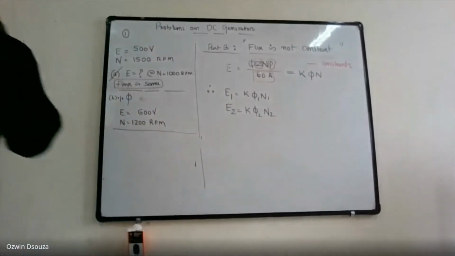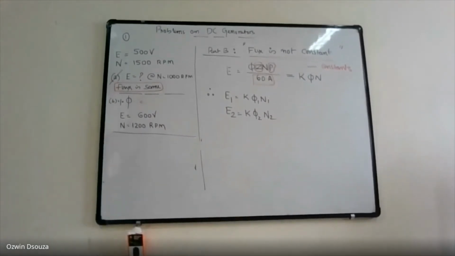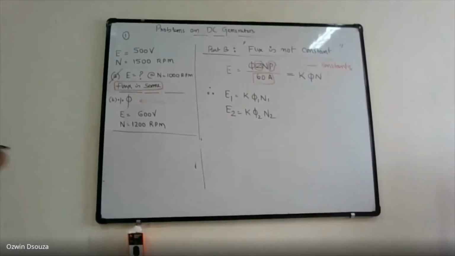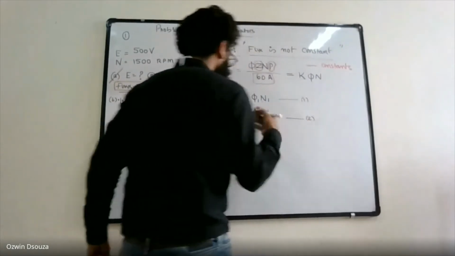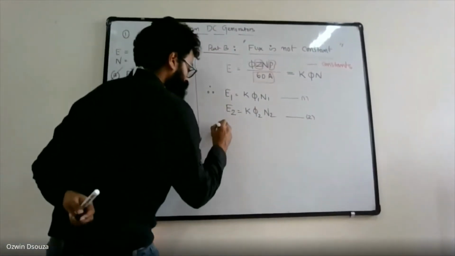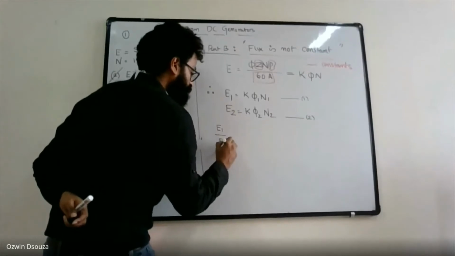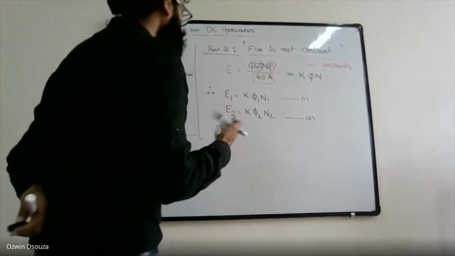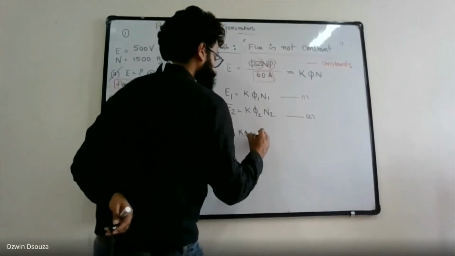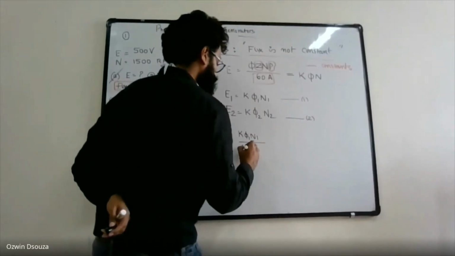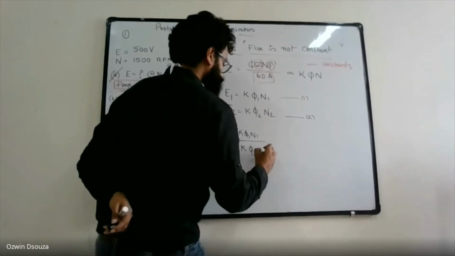Once again, K remains same because it's the same machine. Let's say this is equation 1 and this is equation 2. So let's divide the two equations. So what do we have? E1 by E2 is equal to K phi 1 N1 divided by K phi 2 N2.